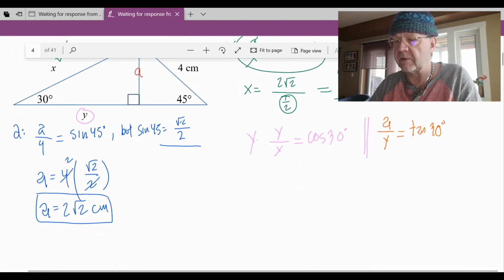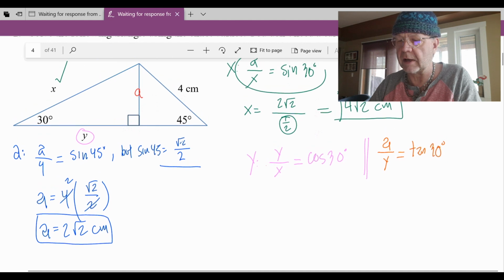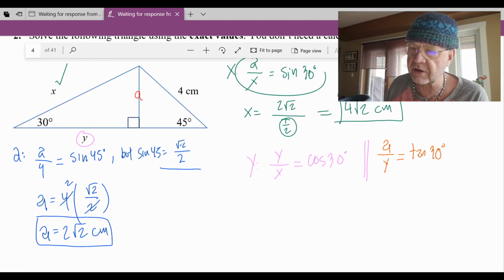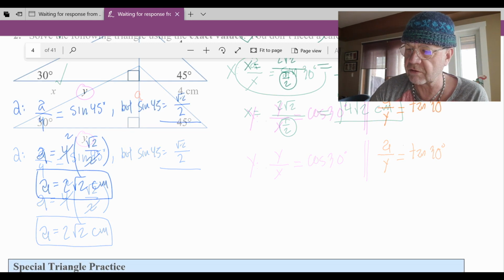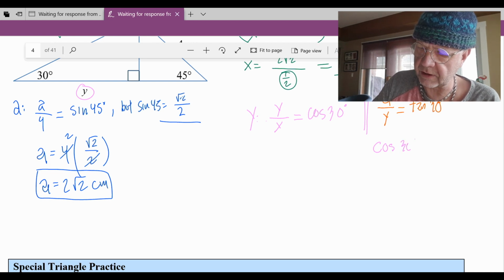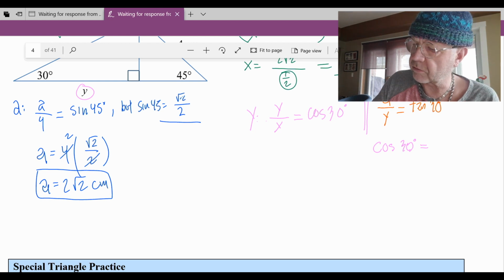I'm not going to solve it both ways because I don't want to take up too much time, but I do urge you to give it a try and confirm to yourself that you get the same answer regardless of which method you choose to use. I'm going to use the first formulation that uses cos 30 because I remember that cos 30 equals root 3 over 2.